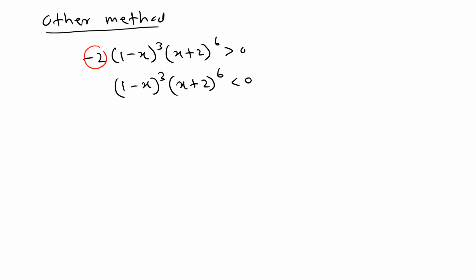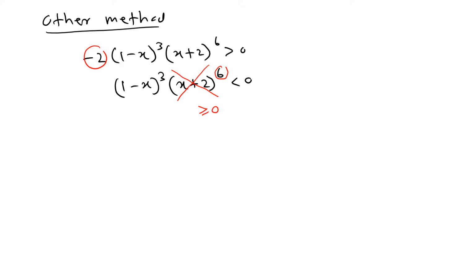And there's one more thing: when there's an even power, this factor is always positive or 0, so it's greater than or equal to 0. Since it is positive, you can ignore it in the sign diagram, because it is always a positive term or 0. So that's something you can use.